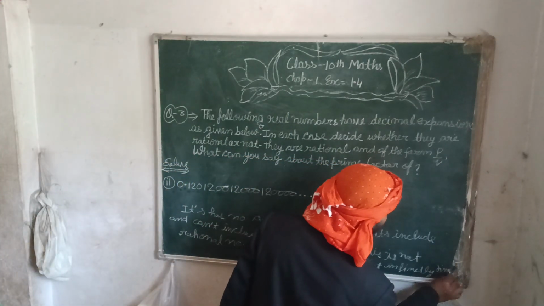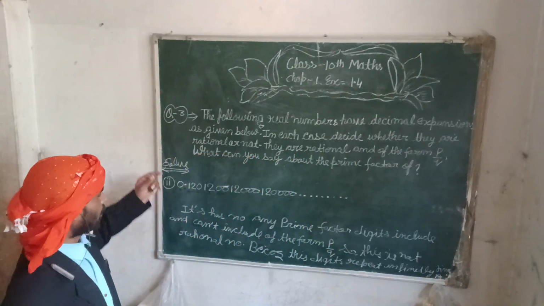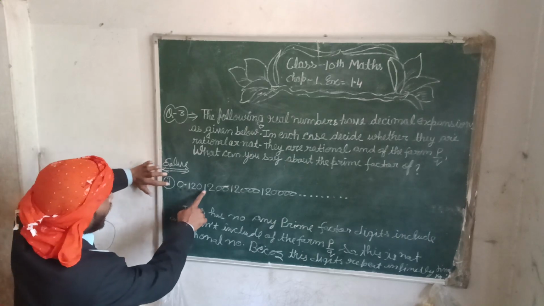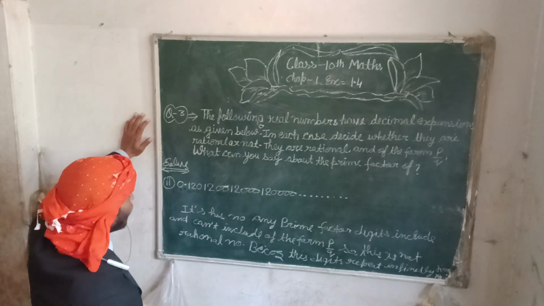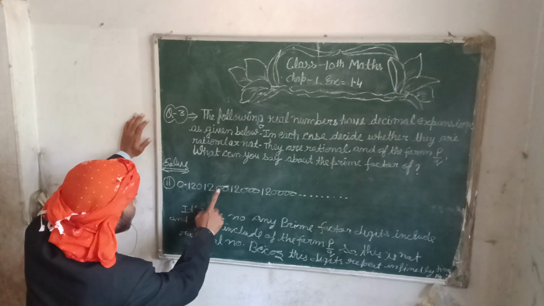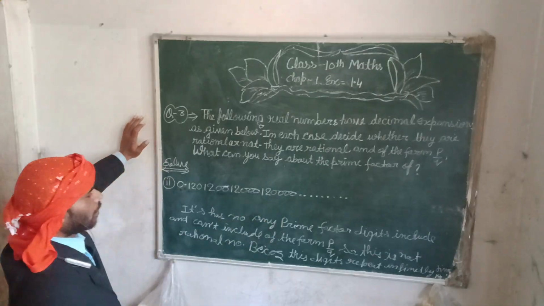Okay, my dear students, so now this is your answer. Now see this number 0.12: the same digits 12 repeat here, but 0 appears one time, then 1 2 0 0 two times, then 1 2 0 0 0 three times, then 1 2 and 4 times 0.